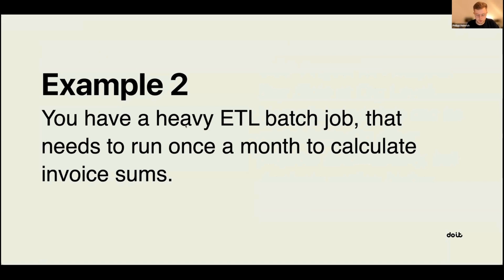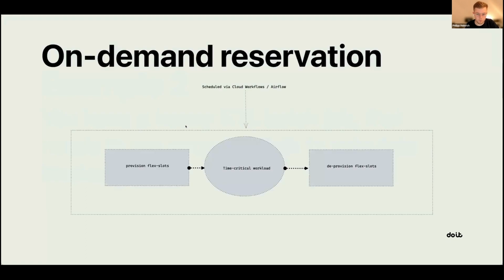They look for optimizing the cost around this, and the solution we worked on with them was actually provision flex slots via an API. So flex slots, or all the reservations, can be triggered and brought via an API as well. In this case, the customer provisioned the flex slots before the workload started, then assigned the workload or started the workload, and after the workload has been finished, they deprovisioned the flex slots.